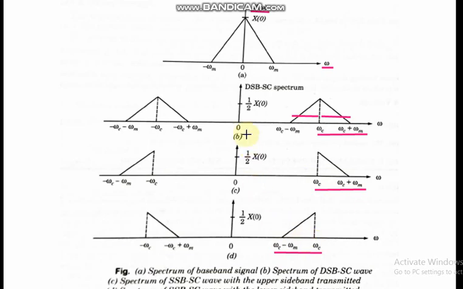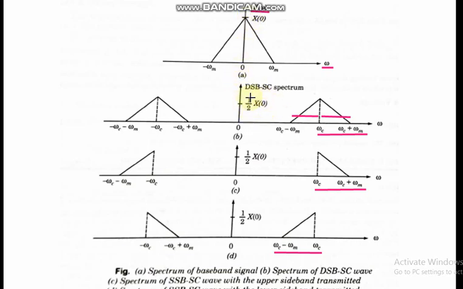Now students, at zero frequency the power is maximum, that is X0. If you calculate mathematically, then for double sideband as well as single sideband, at zero frequency the power becomes half of X0, which is actually for the message signal.